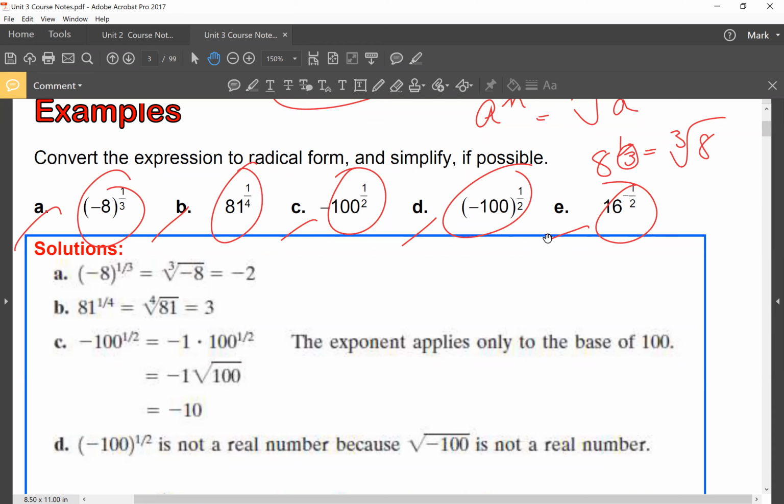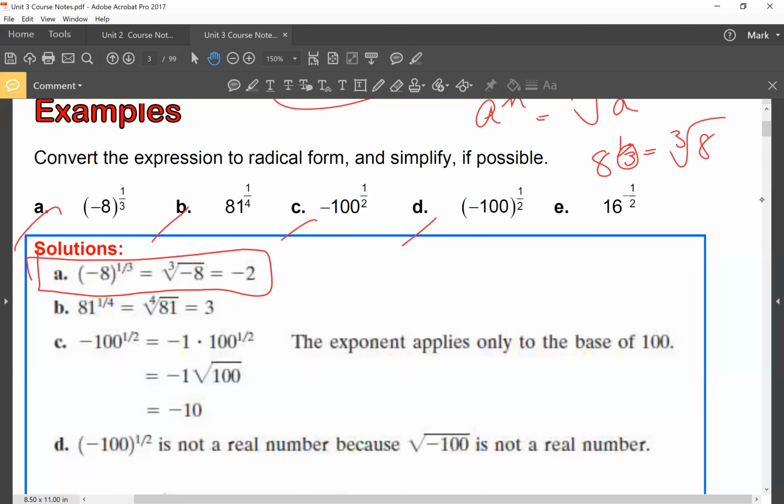Can I put negative 2? Yes. So what you ask is a really good question. Let's imagine you have question number A on your test, or on your final, or on an assignment, whatever. You don't have to show the middle step.